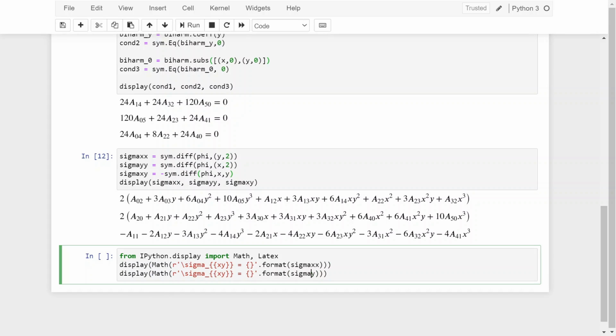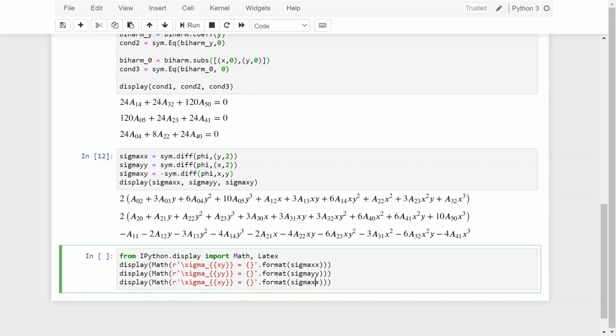Let me quickly write this down. The first one was actually sigma xx. Let's see if this thing works.